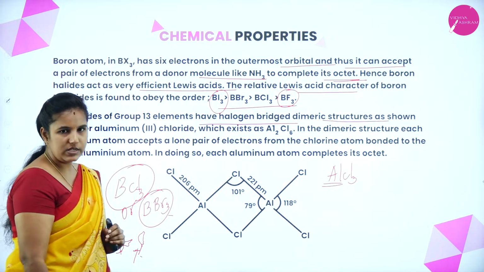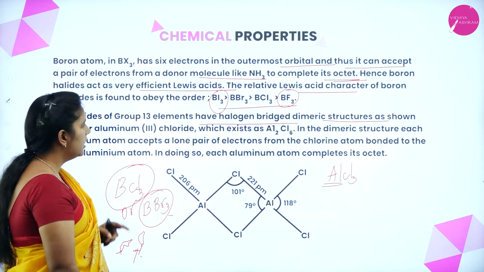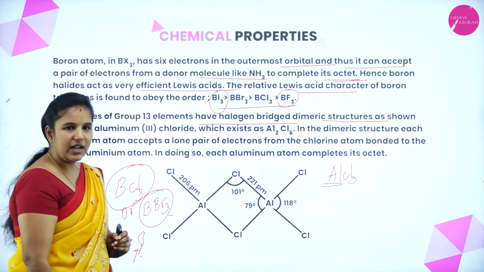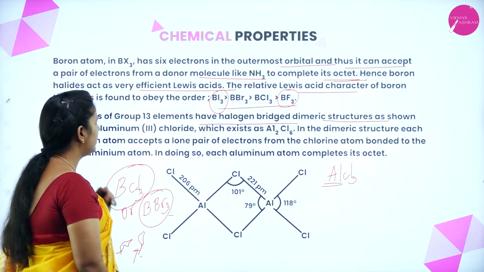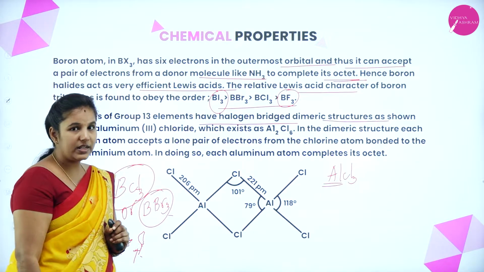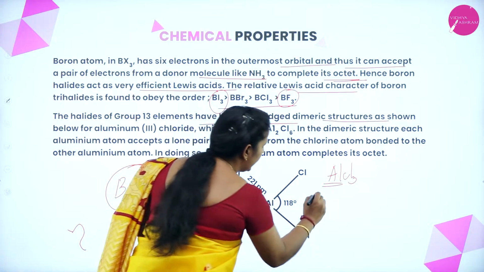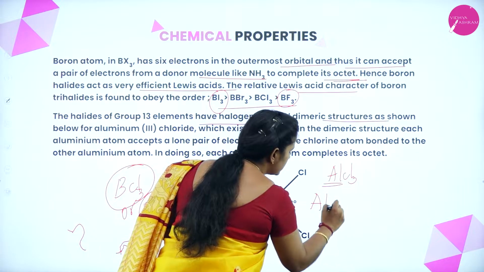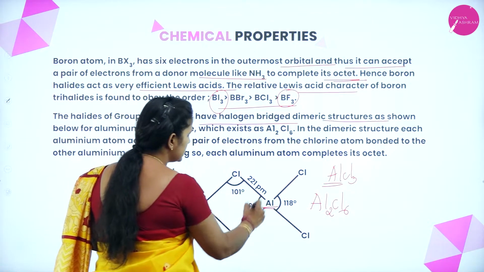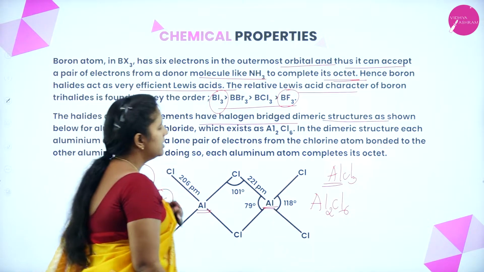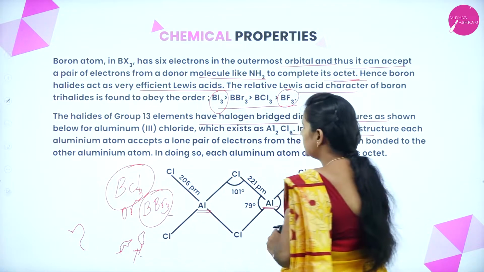Thereby it forms a planar structure. Aluminium trichloride exhibits a dimeric form, that is Al2Cl6. You can count here, there are 2 aluminium atoms and 6 chlorine atoms. So it exhibits a dimeric structure.